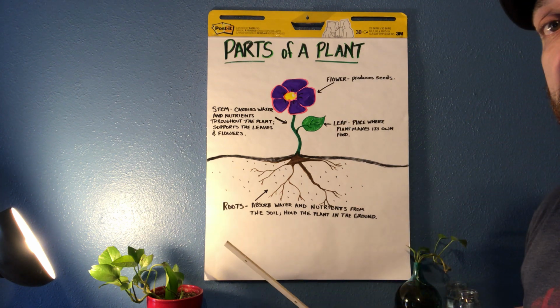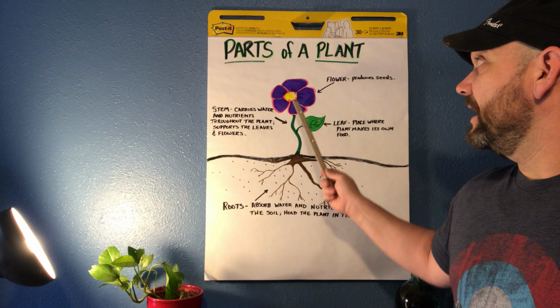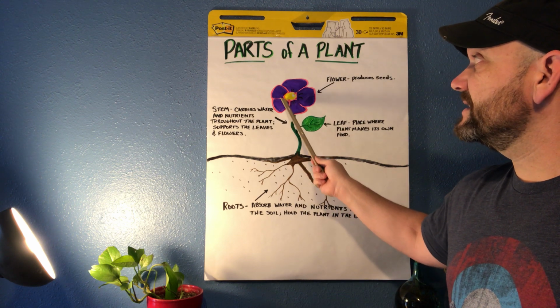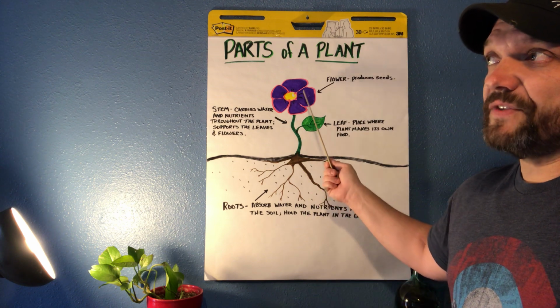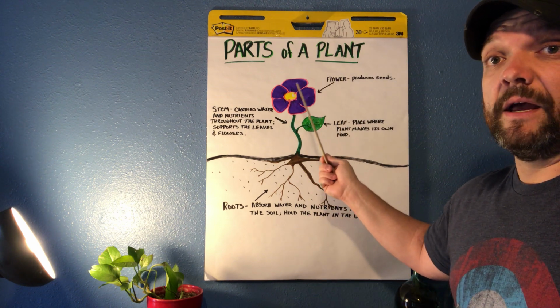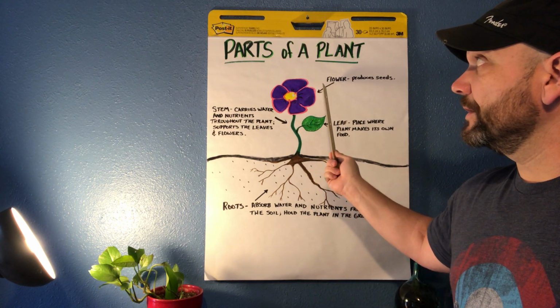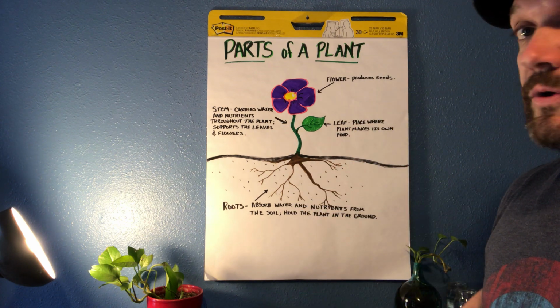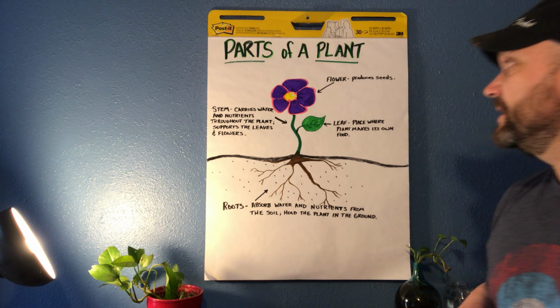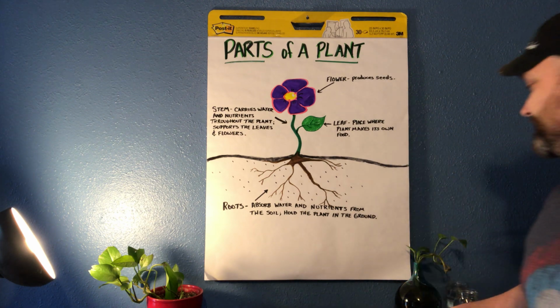Without the seed of a flower, you wouldn't have any other flowers. The seed is in the center, and we'll talk about this later too. The seed is picked up by the wind, or it might be picked up by birds, and then it is dropped all over the place, and that's how you get more flowers. So that's the parts of a plant.